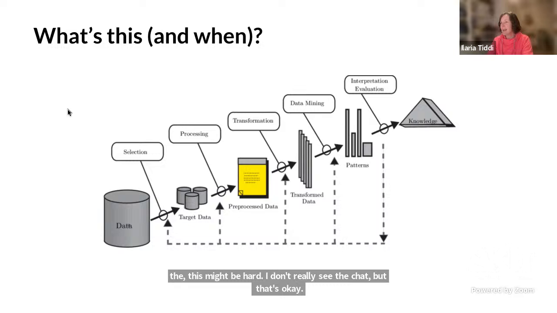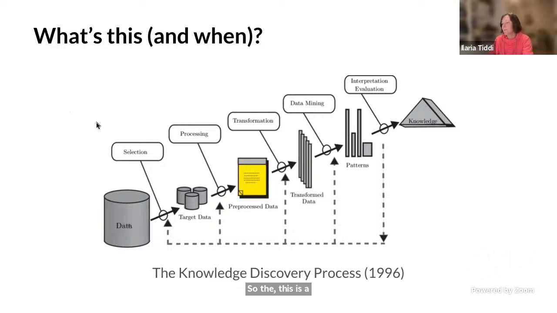So this is a typical knowledge discovery process, as was first introduced around the middle of the 90s, when knowledge discovery was one of the main scientific processes that scientists were using computer science methods for. The process was first introduced by Fayyad, so you can look up the reference.